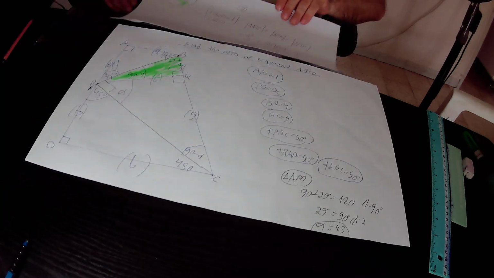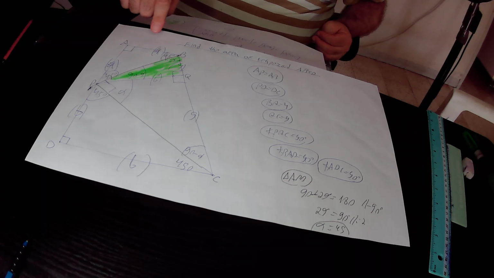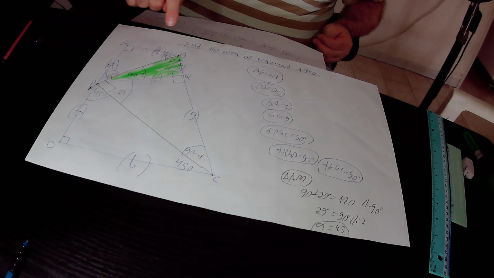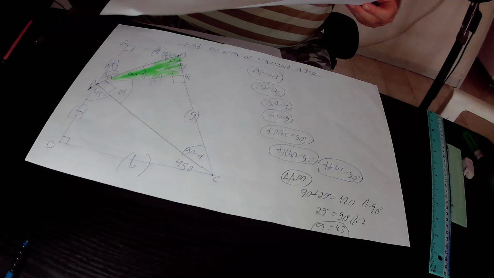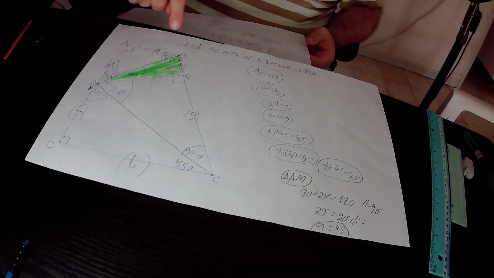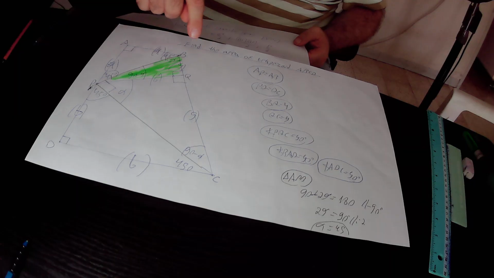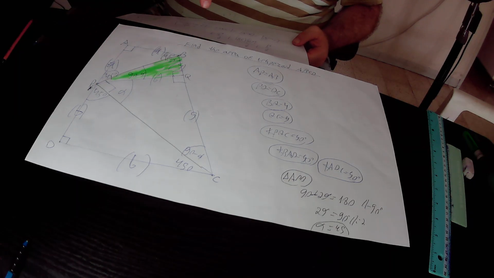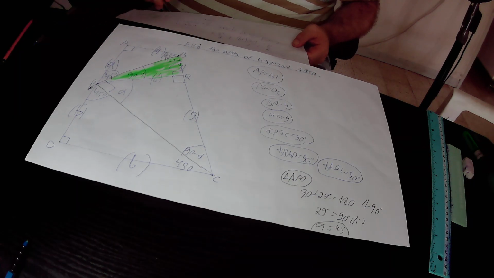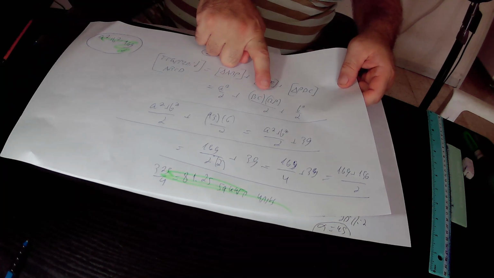The area of triangle ABP is equal to the base, that is a, times the height, that is a, over 2. So it is a squared over 2. Plus the area of triangle PBC, which is the base BC times the height PQ over 2.